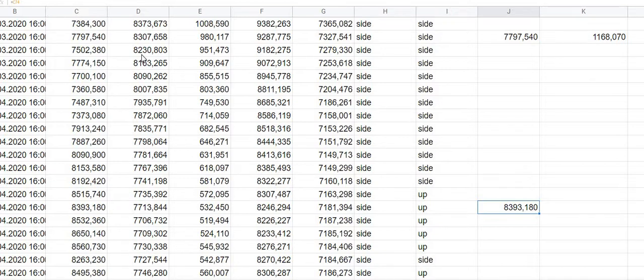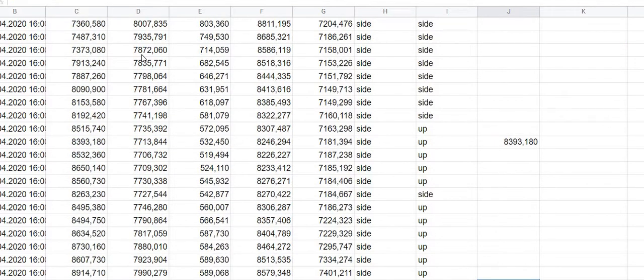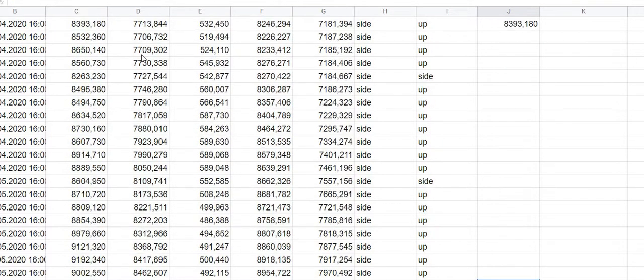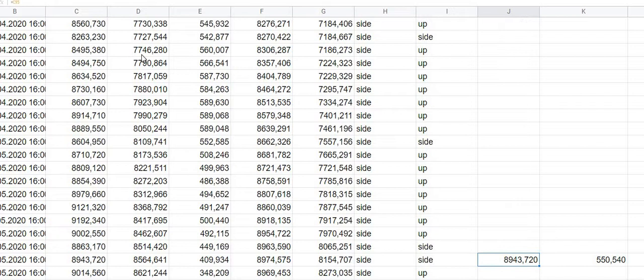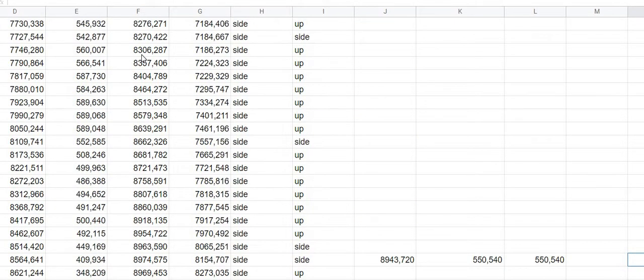It's the 15th of April, and we can see how it finished. We stay in position, and here we close our position, and this position gives us a plus of $550.